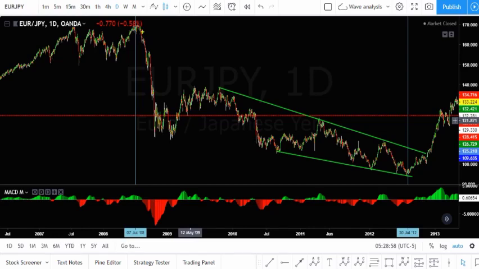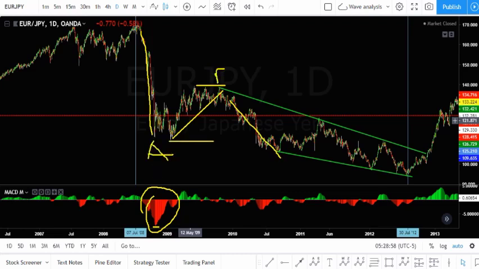So what would have been our thought process here? So we got this move down, and then look at this peak on the MACD. Remember what I said, if you get a very, very sharp peak like this, your chances of getting the ABC is very high. So basically this would have been our thought process, that okay, eventually we broke to the downside, and we would have labeled this ABC, right?